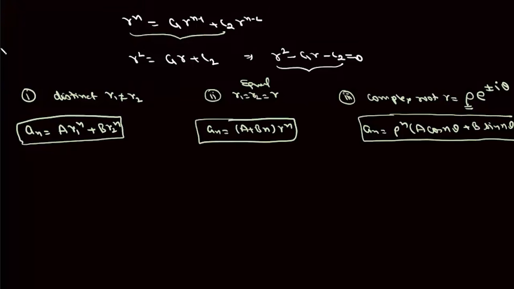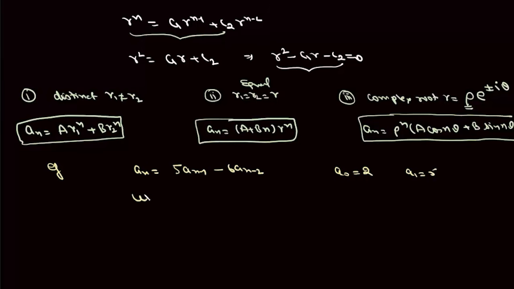Say for example, we are given a recurrence relation which is defined as a_n equals 5a_(n-1) minus 6a_(n-2), and we are given that a0 is 2 and a1 is 5.